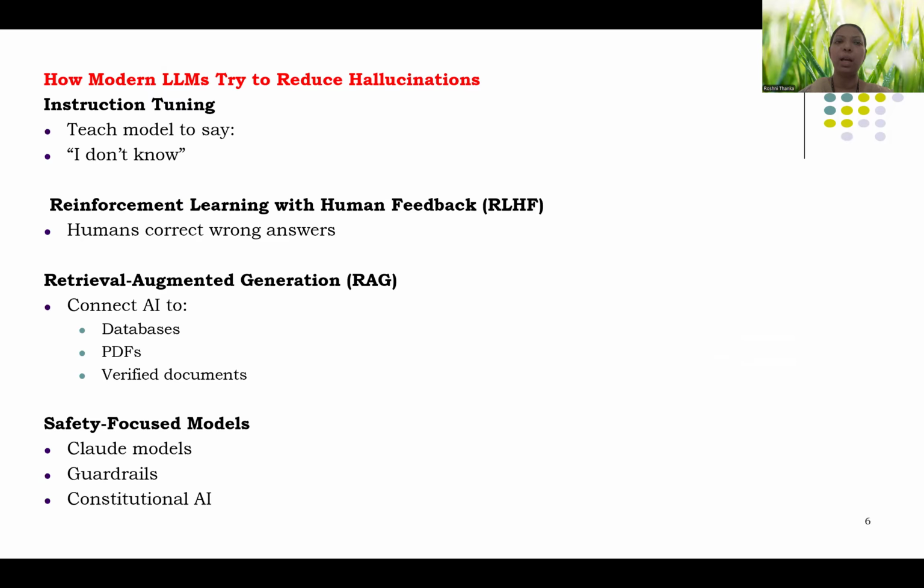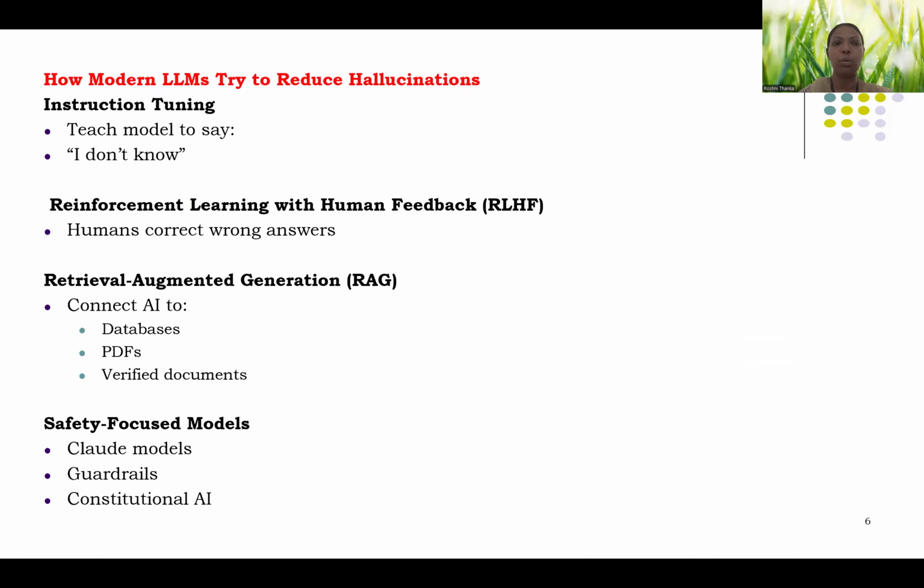Okay, so you might have understood what hallucination is. Now, how can we reduce this hallucination? The first one is instruction tuning. We can instruct it that if you don't know this, just say I don't know. With instruction tuning, if the model doesn't know the answer, it will know how to handle it. The next one is reinforcement learning with human feedback. Here, a human can correct it if it is giving a wrong answer. That is one way of reducing hallucination. The other mostly used way to avoid hallucination is RAG.